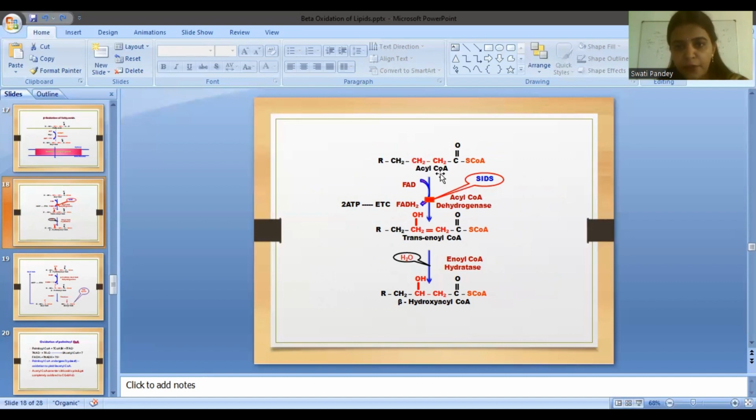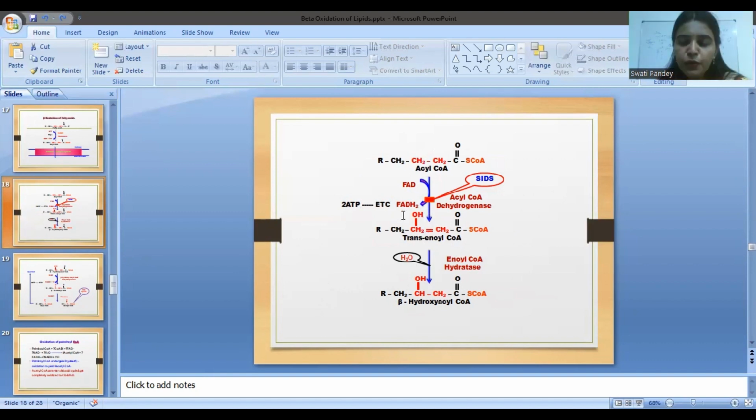In beta oxidation proper, the first step is oxidation, that is the removal of hydrogen. So this acyl coenzyme A gets converted into trans-enoyl coenzyme A. Here there is a removal of hydrogen, and FAD is being used and converted into FADH2, that is the generation of energy.